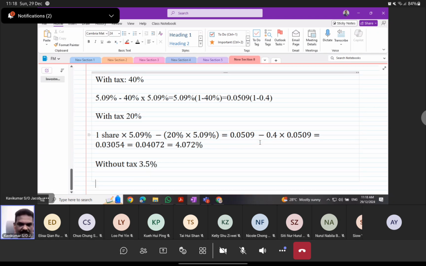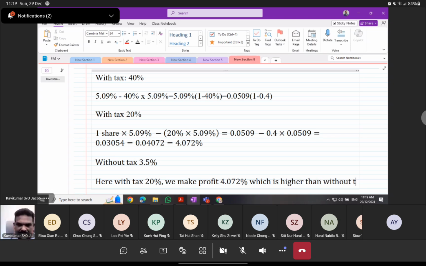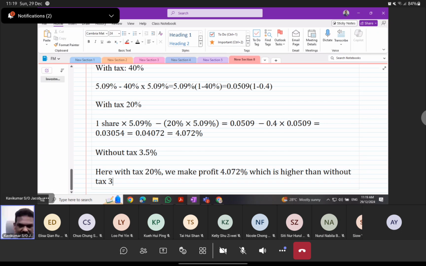3.5%. See here with the tax 20%, we make a profit of 4.072%, which is higher than without tax, the 3.5% earning.